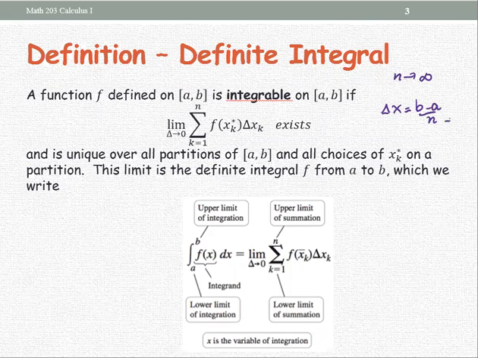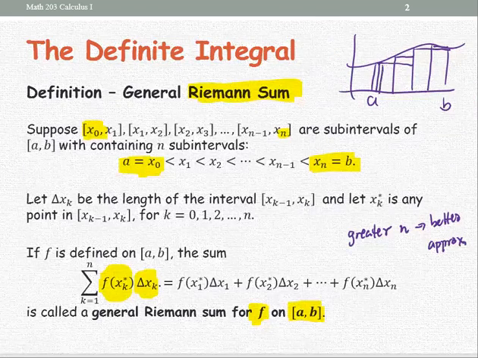As n approaches infinity, that means delta x approaches the value 0, or the width is going to be very, very small. The width of each rectangle is going to be a very narrow bar. So I'm going to go back to this graph real quick. It's going to be a very tiny, very skinny bar.